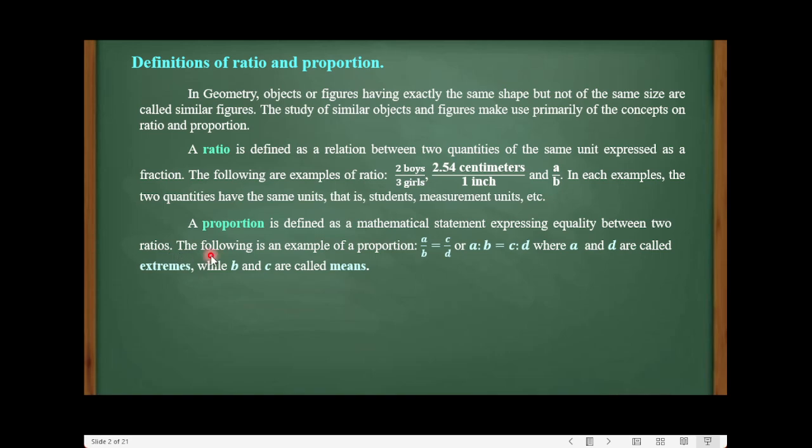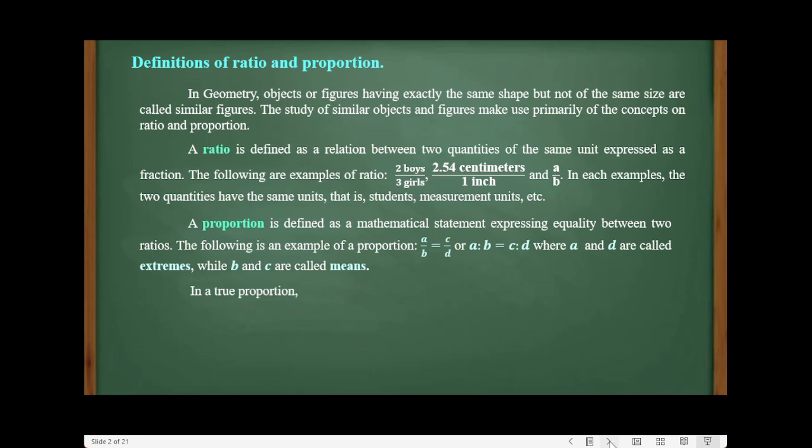The following is an example of a proportion: A is to B as C is to D. Or, considering this equation, we read this the same way: A is to B as C is to D, where A and D are called extremes and B and C are called the means.